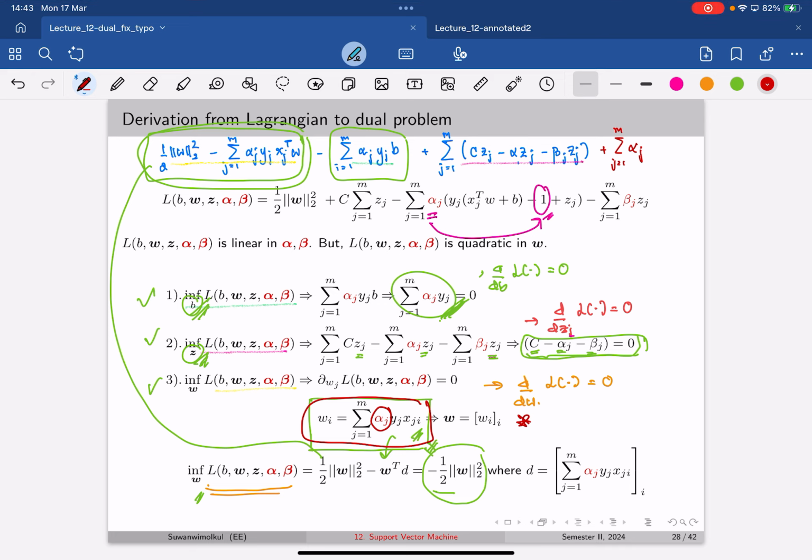So if you have 1,000 points, and let's say 900 of them are mapped correctly, this means that you only need 100 points to compute your normal vector. And those 100 points are definitely not the points that are mapped correctly, but the points that are on the support lines or the points that are incorrectly mapped.